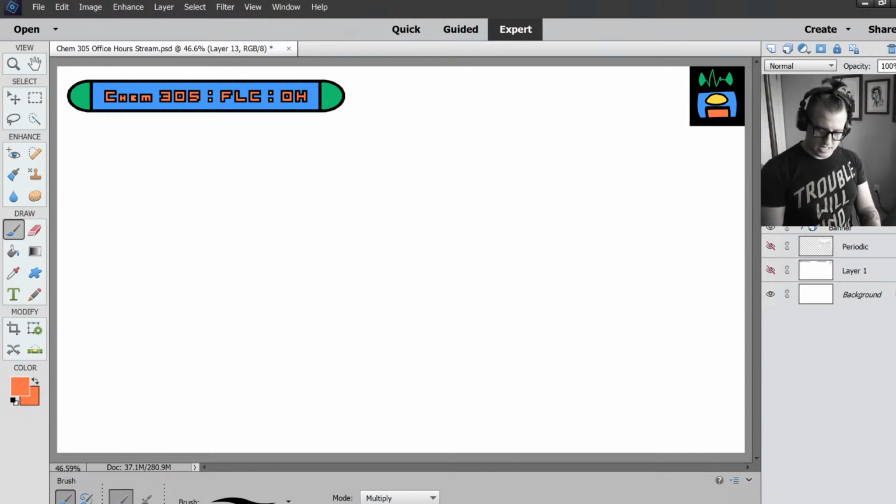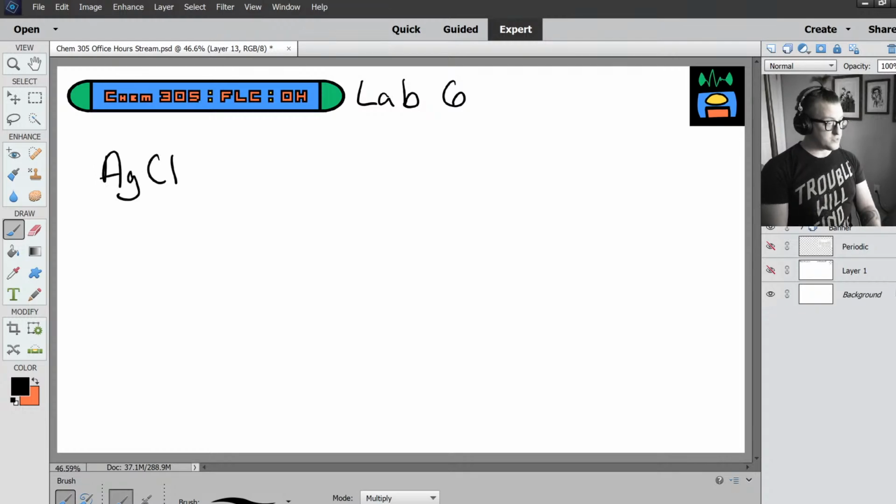So here's more Lab 6. If you have the moles of silver chloride, let's say, I'm going to make up a number, 0.283 moles of silver chloride.